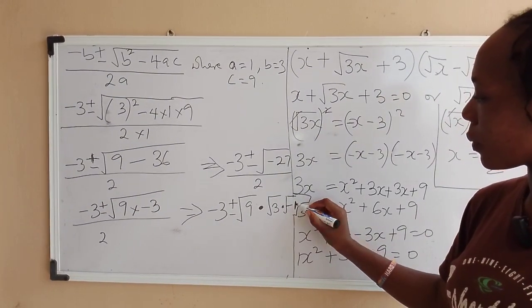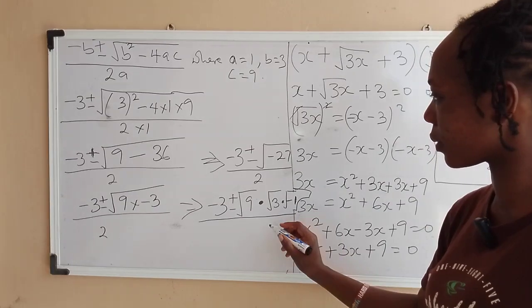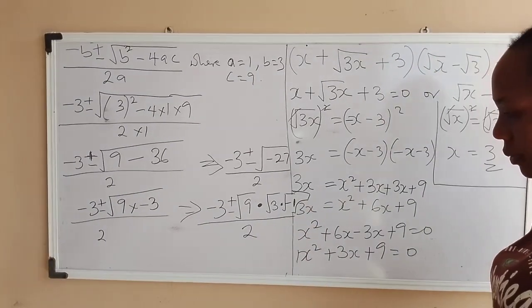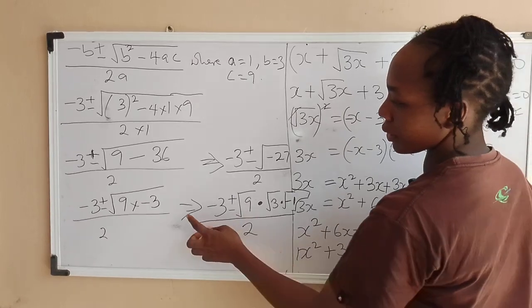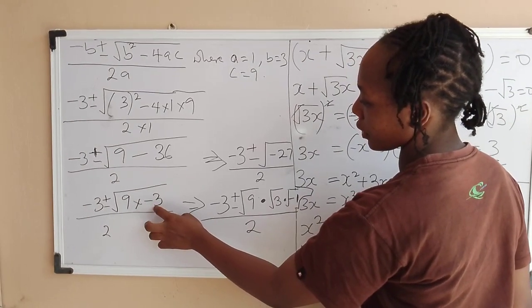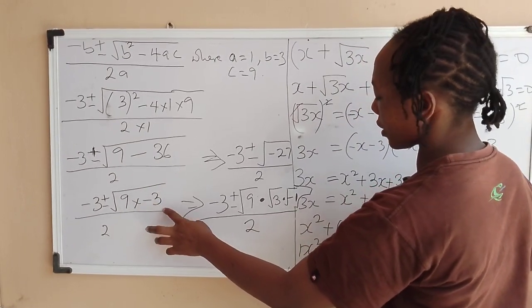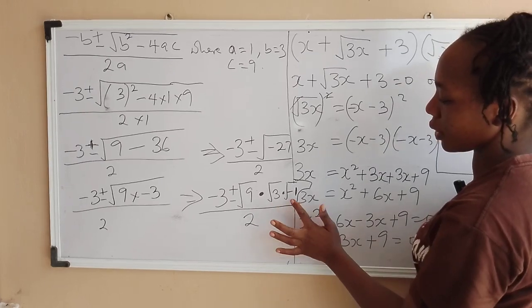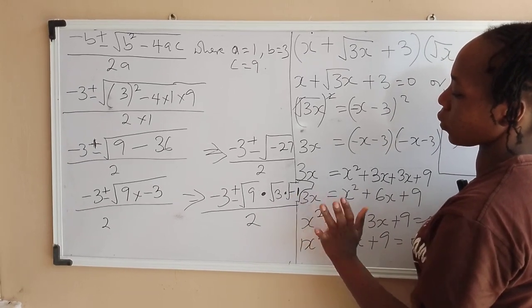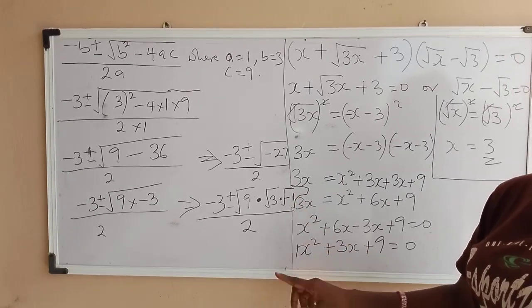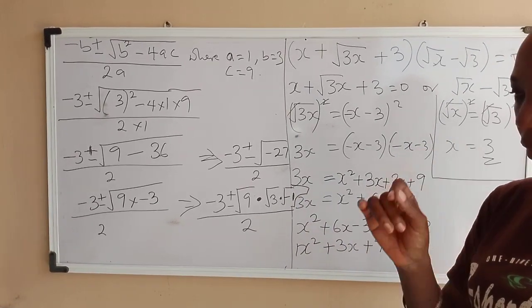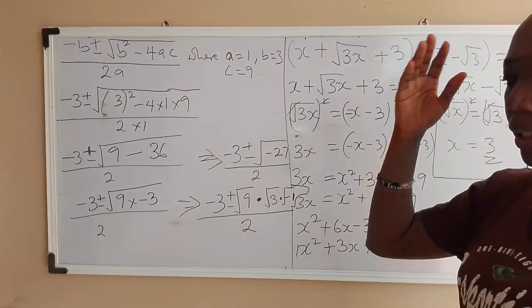So I'm just going to recap so that we understand what I'm doing. We have the square root of 9, and what makes up minus 3 is minus 1 times 3. So we have the square root of 3 and the square root of minus 1, so that we can equate the square root of minus 1 as an imaginary number i. So that's why I had to split all of them.